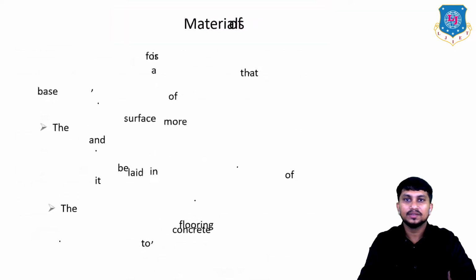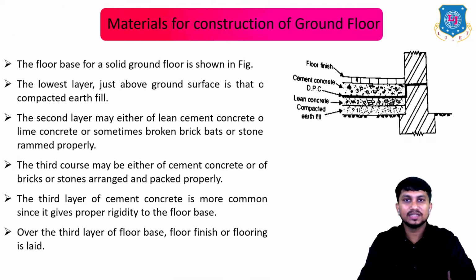Okay, now let's see various materials for construction of ground floor. Okay, the floor base, or you can say base floor for solid ground floor is shown in this figure. Okay, the lowest layer just above the ground surface is that of compacted earth fill. You can clearly see the first layer is compacted earth fill.